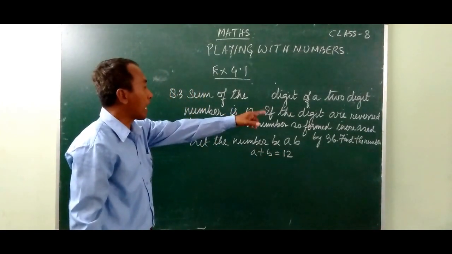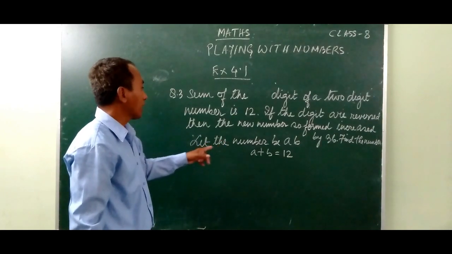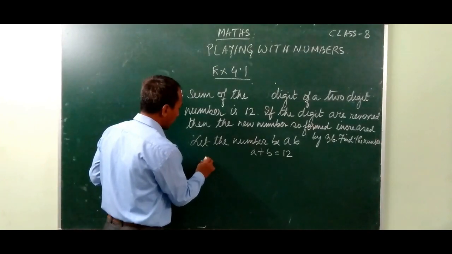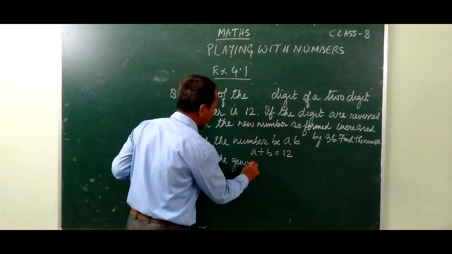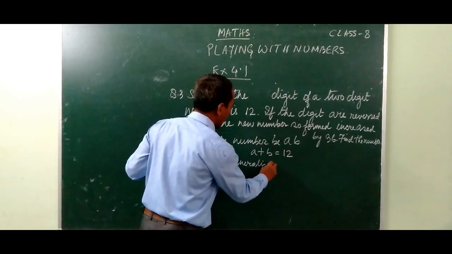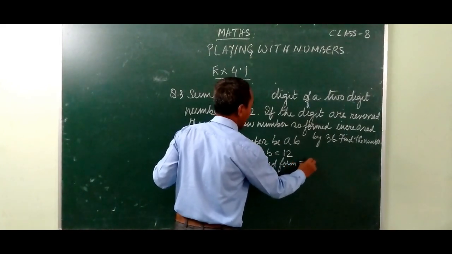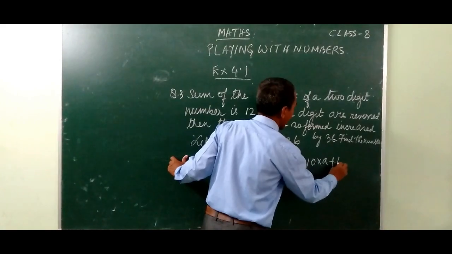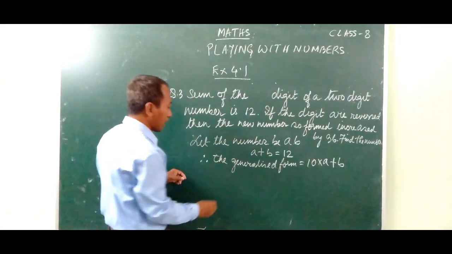Now, if the digits are reversed, then the new number formed is increased by 36. The generalized form is 10 into tens place plus unit place. Now, if you reverse it, what is it saying?